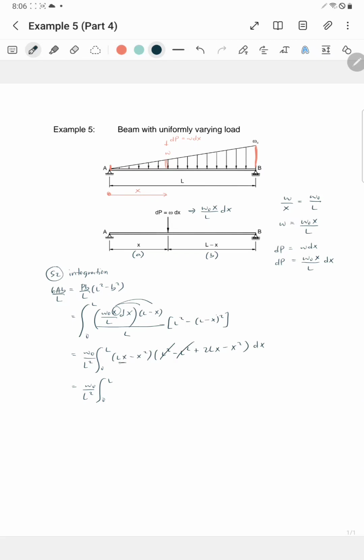Distribute natin yung Lx sa loob ng parenthesis na ito. So 2Lx times Lx is 2L square x square. Then minus x square times Lx is Lx cubed. Then distribute negative x square sa second parenthesis. So minus 2Lx cubed. Then plus x raised to 4. Then simplify.